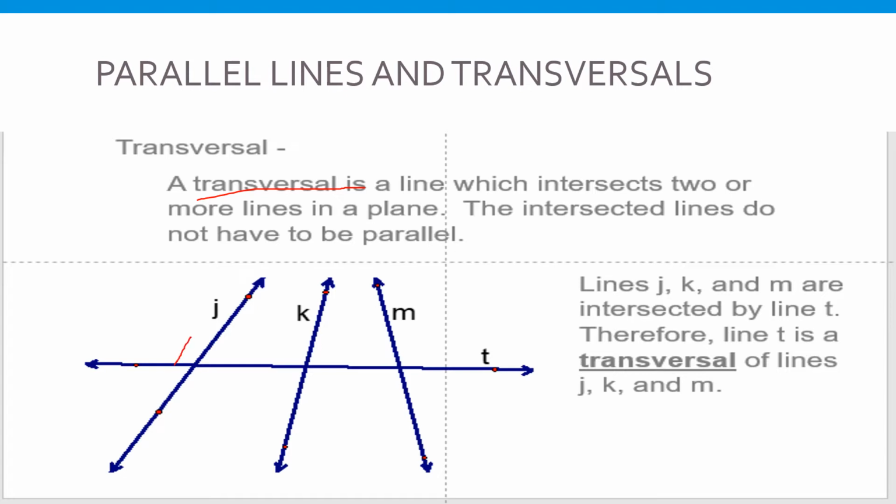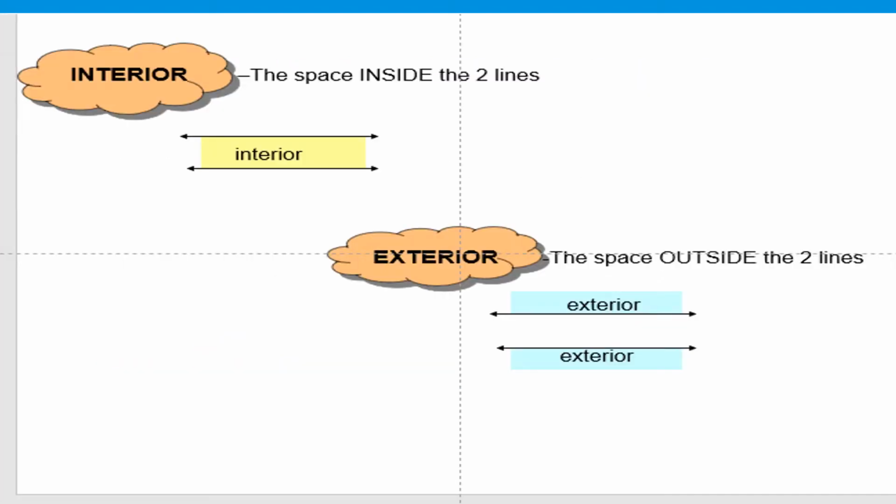So lines J, K, and M are intersected by line T. Therefore, line T is the transversal of lines J, K, and M. So the space inside two lines we call the interior, and the space outside the two lines is called the exterior. So that's the difference between interior and exterior.